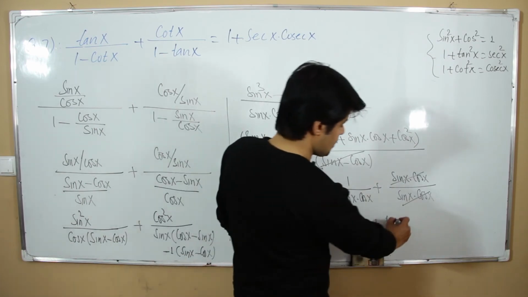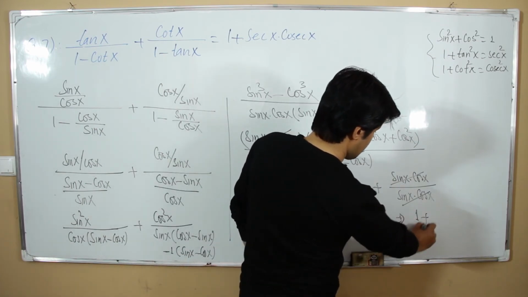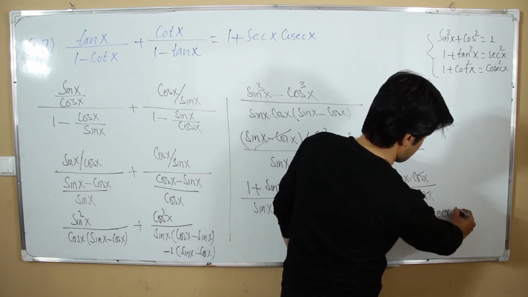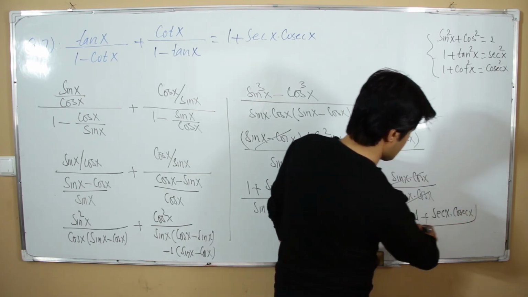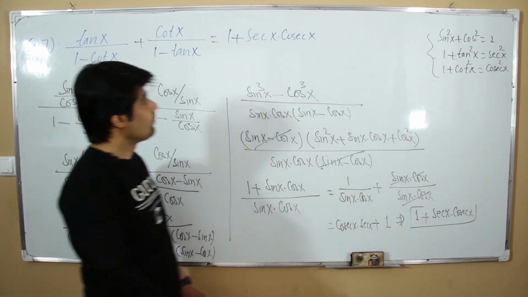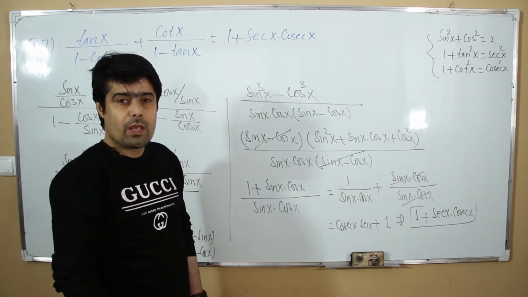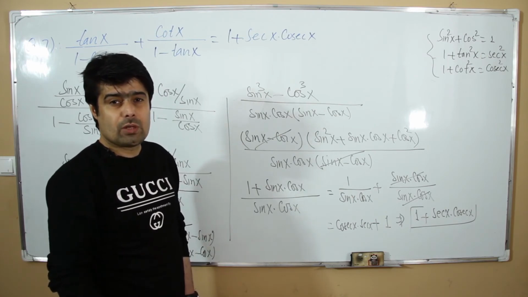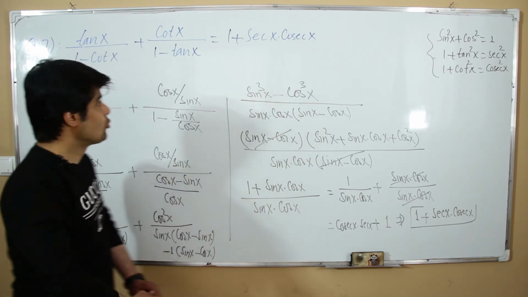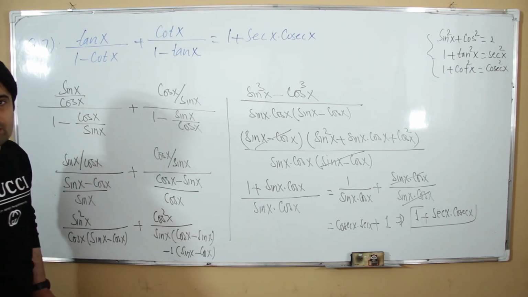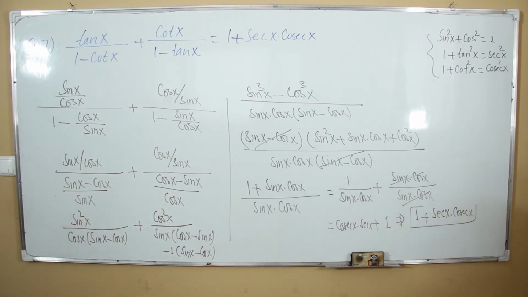If you arrange this one, you can write 1 plus secant cosecant. This is our answer. In summary, I can say, if you have a mix of the trigonometric ratios, please change all of them to sine and cosine. That would be very simple. Write it, please.